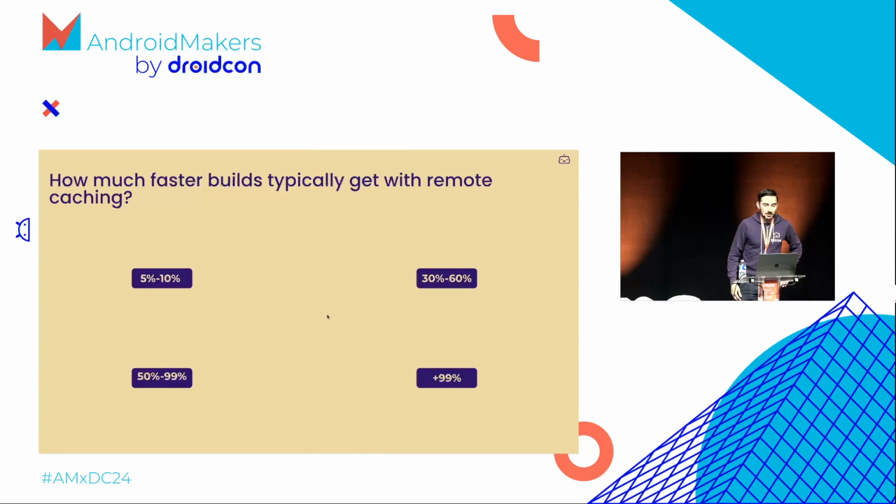And let's go to another question. So, how much faster do typical builds get using remote caching? By typical builds, we are thinking of builds that you are starting during your regular development days, for example. Who says 5 to 10%?